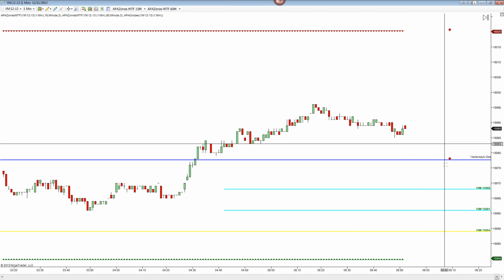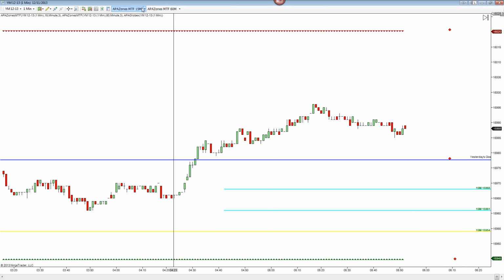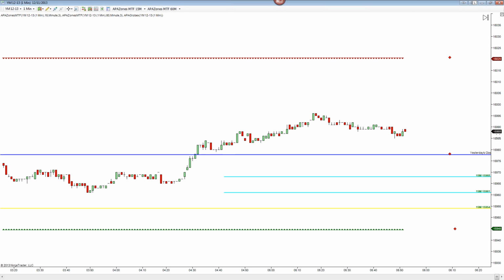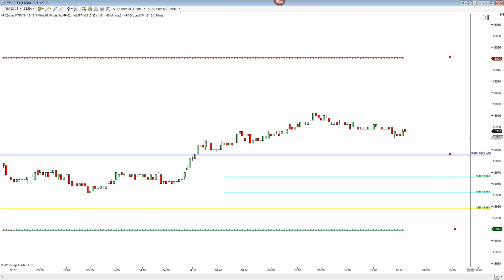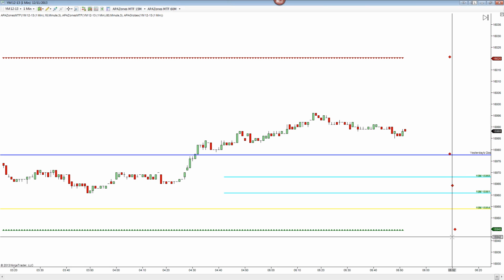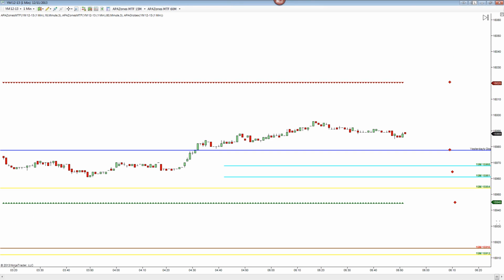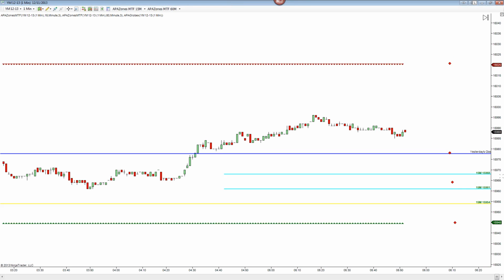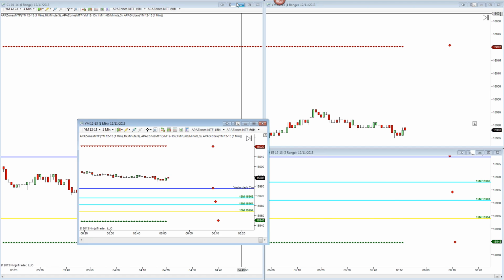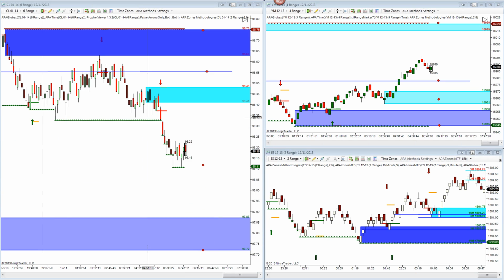Okay, there's the Globex high, there's the Globex low. Want to be aware of those three levels for reversal, as well as possibly this 15-minute zone right there. Okay, so that's all I'm going to do on that, and we're good to go.